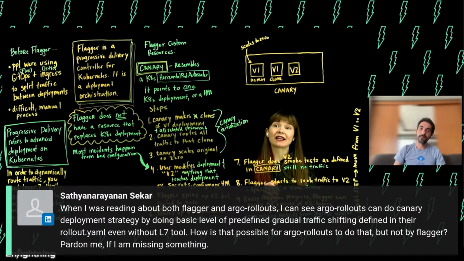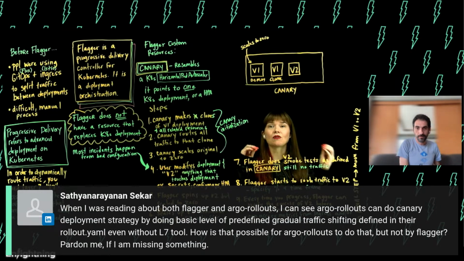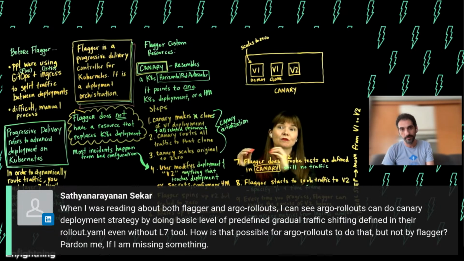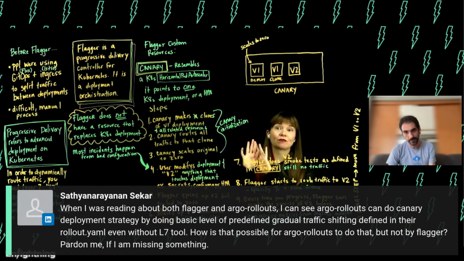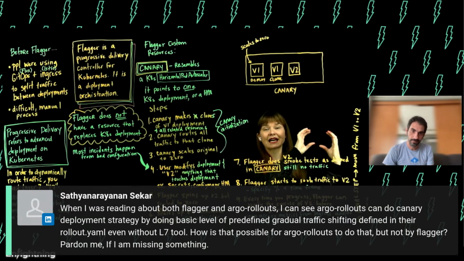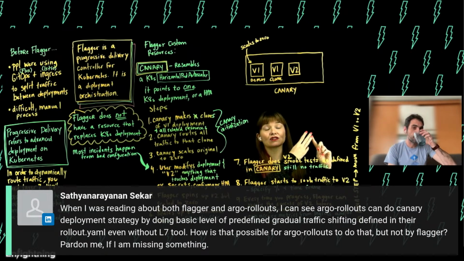I think I might know the answer to that. Within Argo Rollouts, you have a rollout resource that replaces the Kubernetes deployment. So you're not using a Kubernetes deployment resource at all. And a Kubernetes deployment can manage a replica set and pods. But this new rollout resource that Argo Rollouts introduces also creates services.